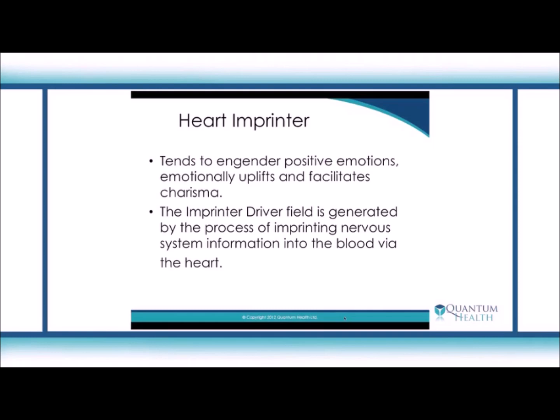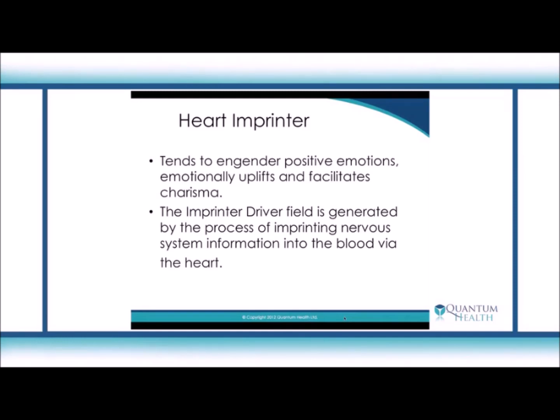It creates a pressure wave because of the relationships between the four chambers of the heart. So the Heart Imprinter was made so that the heart could imprint information more accurately to the rest of your body field.